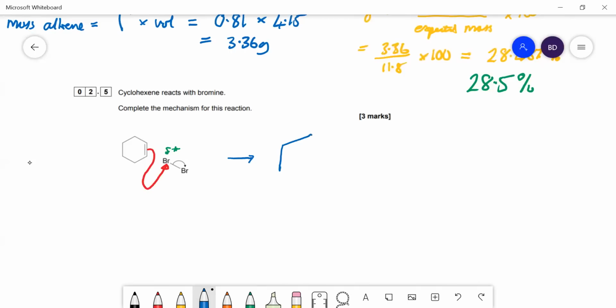Now let's draw the intermediate. We have broken the pi bond, that's gone. The bromine has stuck to one of those carbons. It doesn't matter which one because it's symmetrical. It could be that one or that one. Now this leaves this carbon here with a positive charge on it. That's a carbocation.